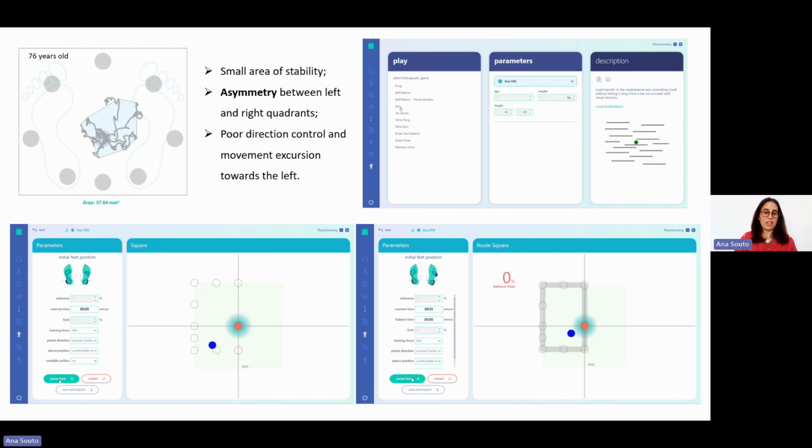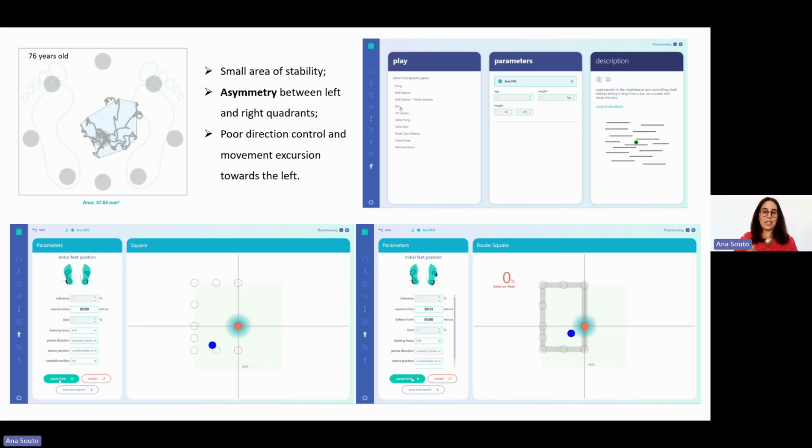For the first patient, the 76-year-old, who had difficulties performing weight transfers toward the left and lack of directional control, we can use exercises to target the left quadrants and start with simple exercises, moving from dot to dot, and then moving into a more difficult exercise where the patient needs to maintain a center of pressure within the path, which requires more precision of movement.